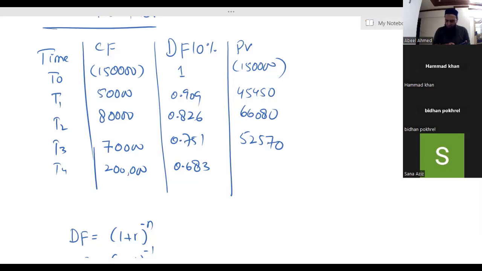Discount factors can be calculated on Excel with the help of a shortcut, which I'll show you, because we'll be discussing only those shortcuts which are available in the exam. 200,000 into 0.683, I'm getting 1 lakh 36,600.